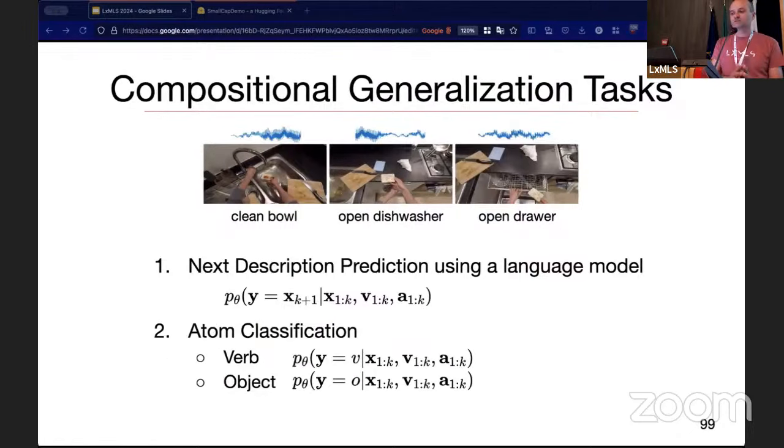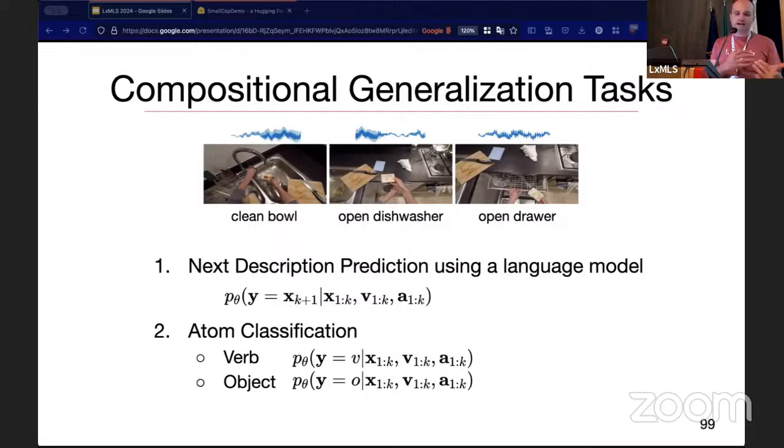So we focus on two different types of tasks. One of them is next description prediction as a language generation problem. In other words, producing the final utterance, the verb-noun combination, after observing everything up to that point.